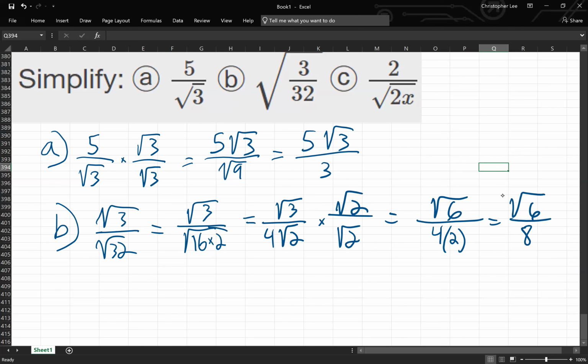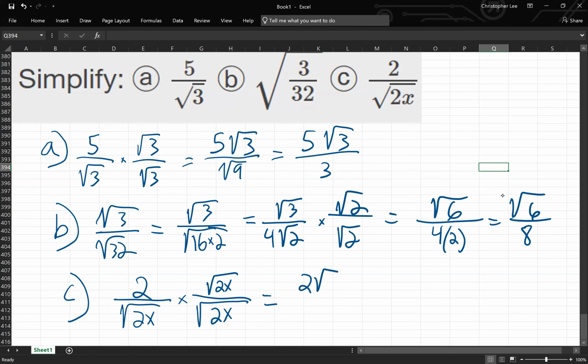All right. Last but not least, let's look at C. This is 2 over the square root of 2x. And what am I going to do? I want to multiply this by the square root of 2x. And what I do to the bottom, I do to the top. So top is going to become 2 square root x.